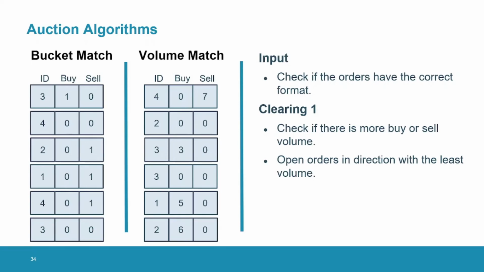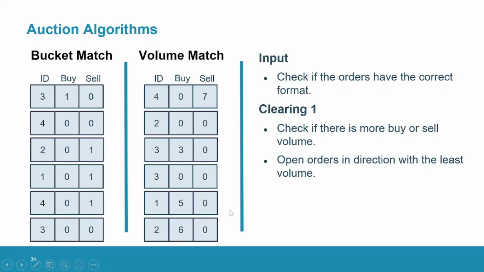And in this clearing phase one, we'll start by aggregating all the buy volume and all the sell volume. So in the bucket match, for example, we have a total buy volume of 1 unit and a total sell volume of 3 units. And then we compare these two total volumes and we reveal which one is larger. So in the bucket match case, we have more total sell volume, and in the volume match case, we have more total buy volume.